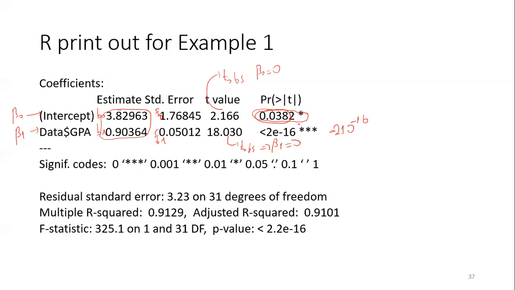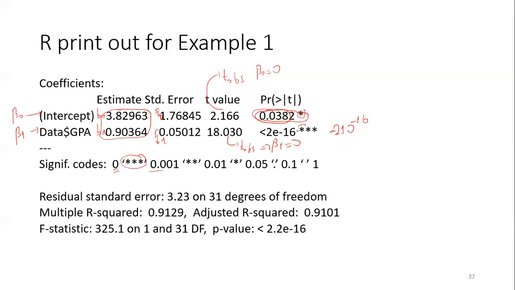Okay, so R puts some stars or these dots to show you whether this p-value or this T observed is significant or not. So it says that between 0 and 0.001, so what does it mean? If your p-value is smaller than 0.001, you will see 3 stars.